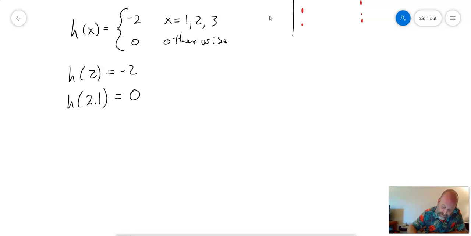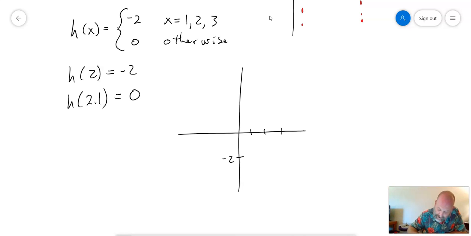And so what that ends up meaning when you graph it is that at 1, 2, and 3, I have a value of -2. Boy, those aren't evenly spaced, but we'll pretend they are. Everywhere else, this thing is equal to 0, so I have a horizontal line.